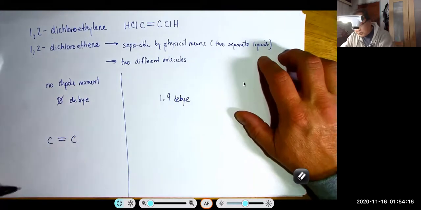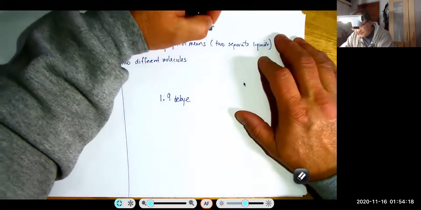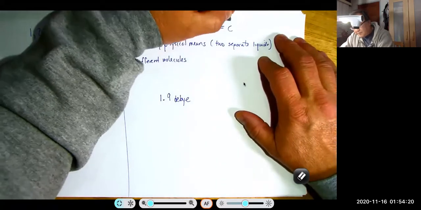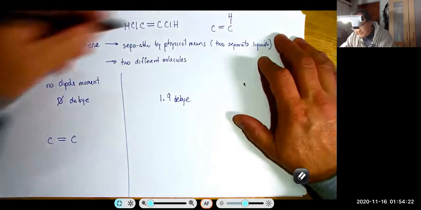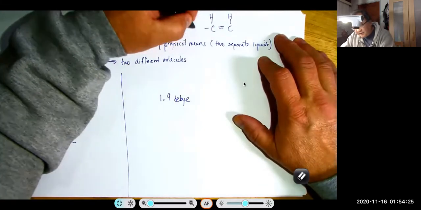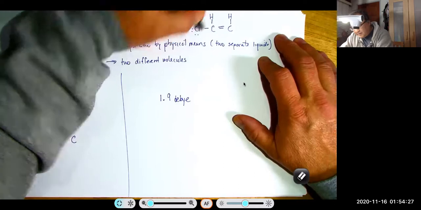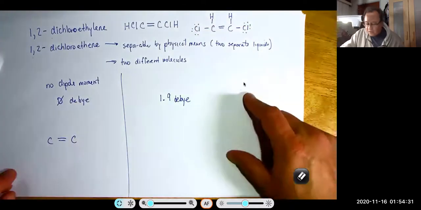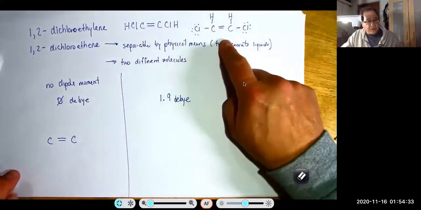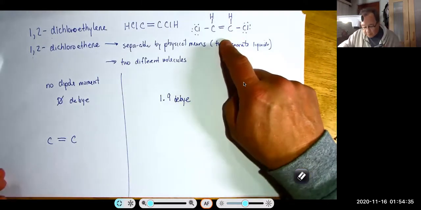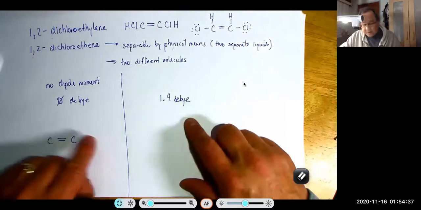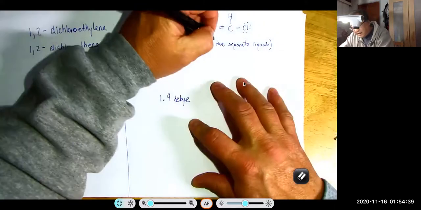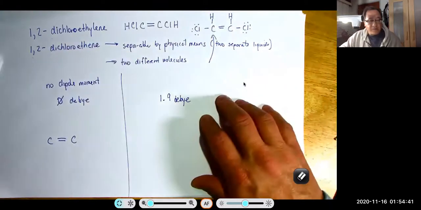The Lewis structure looks like this. I'm going to put the H there, the H there, the Cl there, and the Cl there. So there's your Lewis structure.